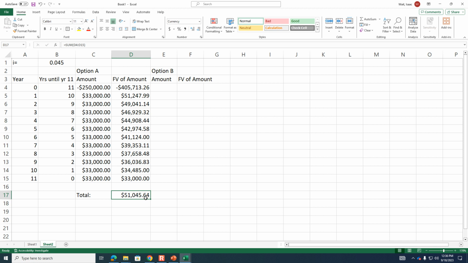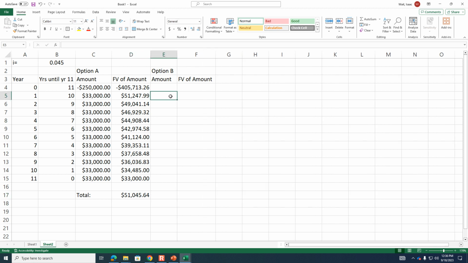So what that means is that in addition to receiving 4.5% interest, this has a net profit in terms of a lump sum amount in year 11 of $51,045.64. So the question is, for option B, how much should you pay to be able to make the same amount?